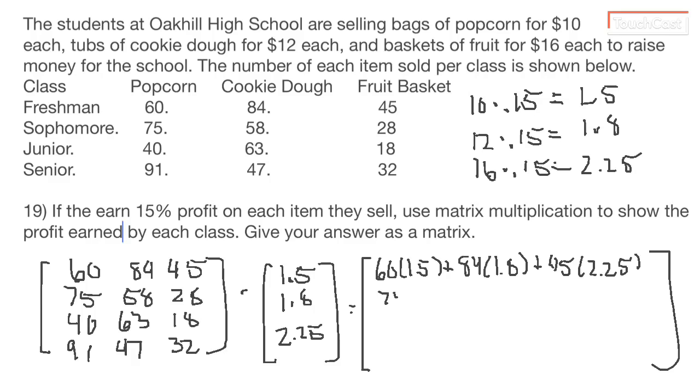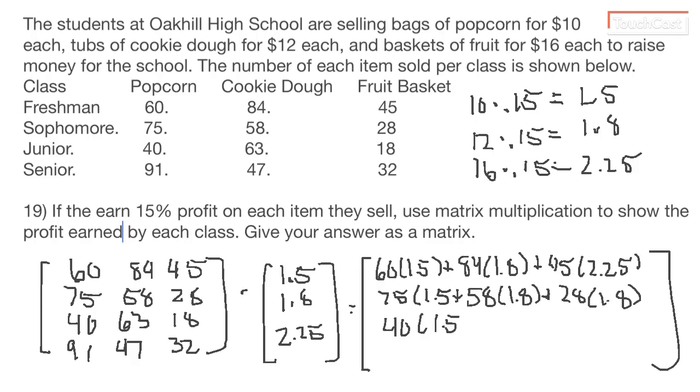We're going to have 75 times 1.5, 58 times 1.8, and 28 times 1.8. Then we're going to have 40 times 1.5 plus 63 times 1.8 and 18 times 2.25. And I made one mistake in my previous row. Instead of 1.8 times 28, I should have written 2.25.